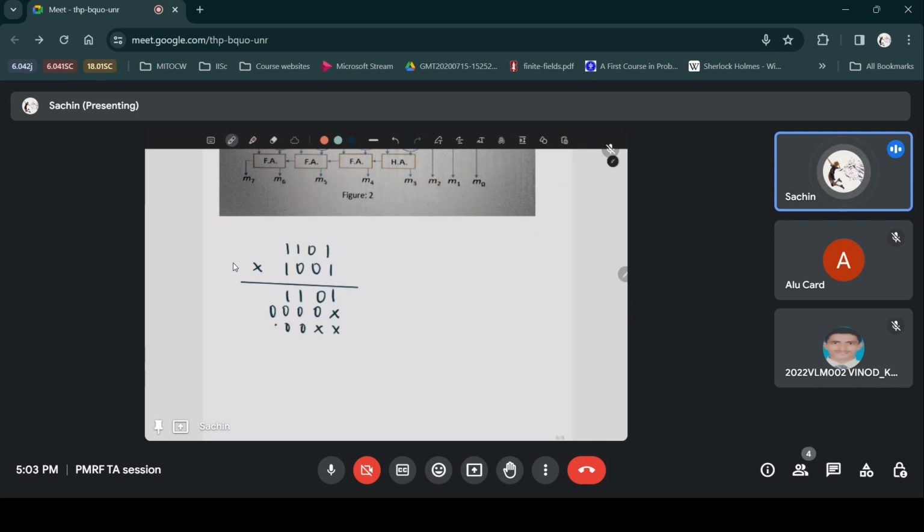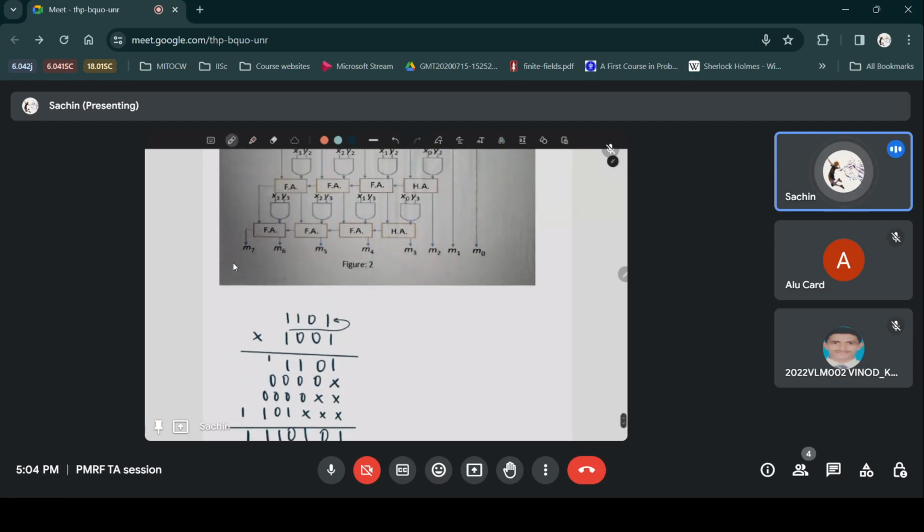That will again be 0000. Shift by 3 places and multiply 1 times 1101, which will be nothing but 1101. And then you add it. 1, 0, 1, 1 plus 1 is 0 with 1 carried over, 1, 1, 1.